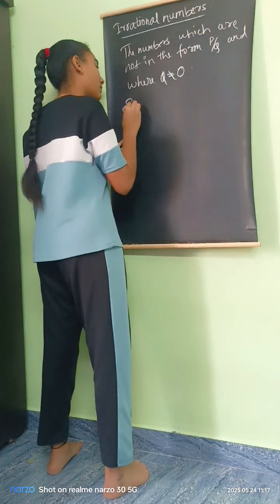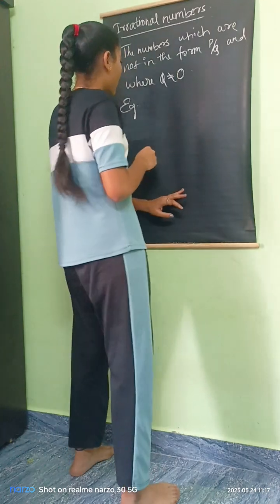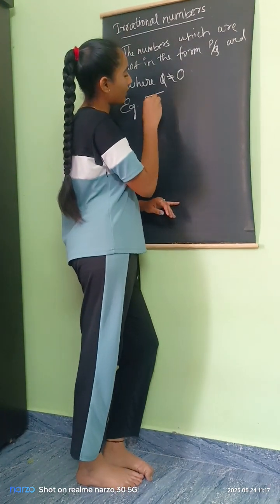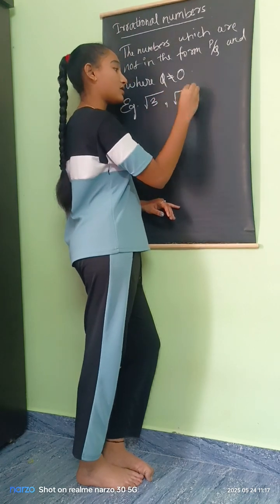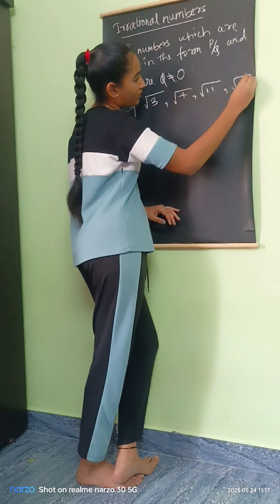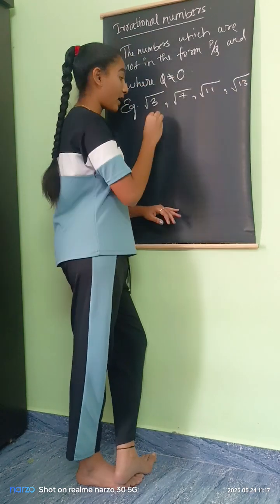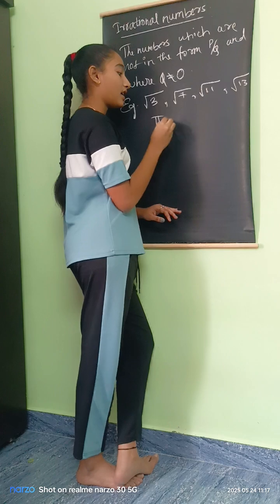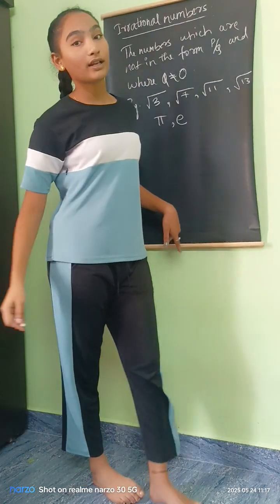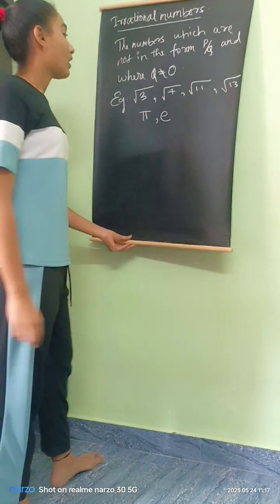Let's see some examples to understand it better. Some examples are root values like root 3, root 7, root 11, root 13, and the pi value and E. The E value is somewhat more complicated, so that is not required now.